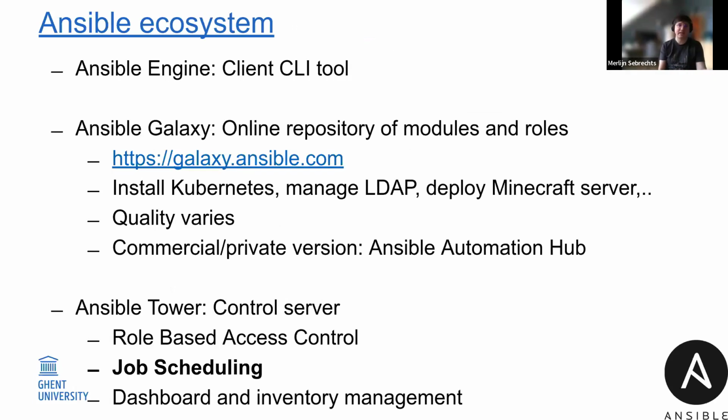So you have Ansible Engine, that's the client CLI tool. You have Ansible Galaxy, that's an online repository of modules and roles. However, do note that a lot of these playbooks are created by volunteers. So you're not actually sure what the quality is of these playbooks.